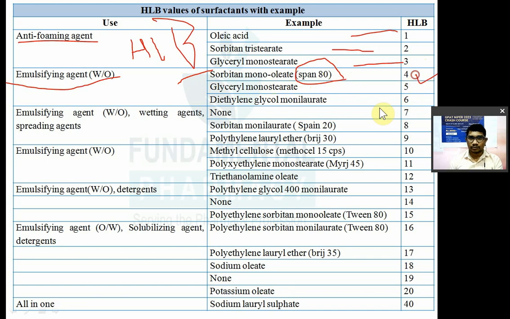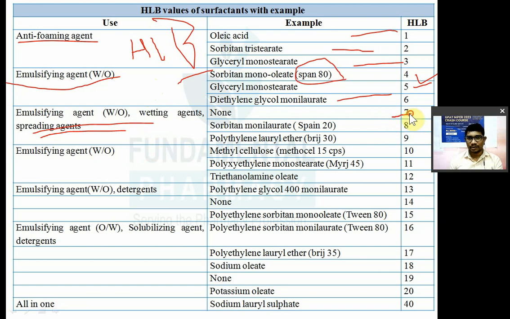So HLB इसका होता है 4. ग्लिसरील मोनोस्टेरेट अगेन 5. डाइथिलीन ग्लाइकॉल मोनोलाउरेट 6. These are emulsifying agents, O/W emulsifiers as well as wetting agents as well as spreading agents.